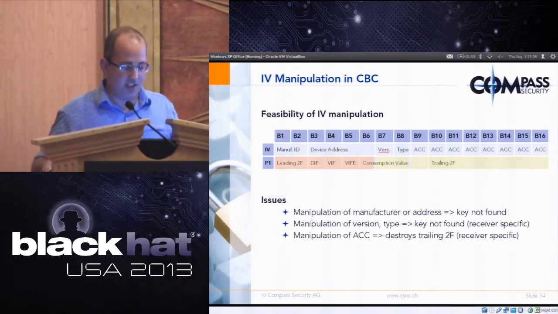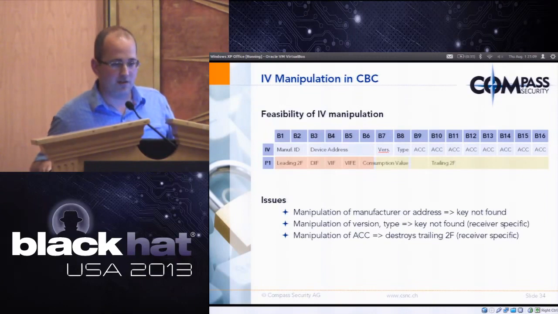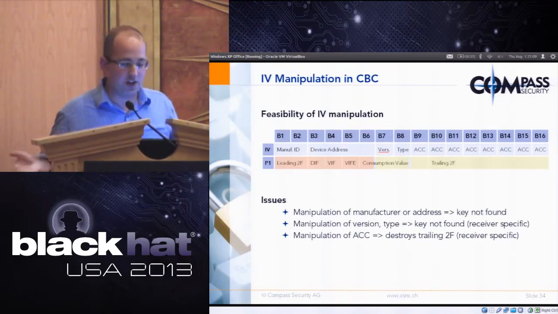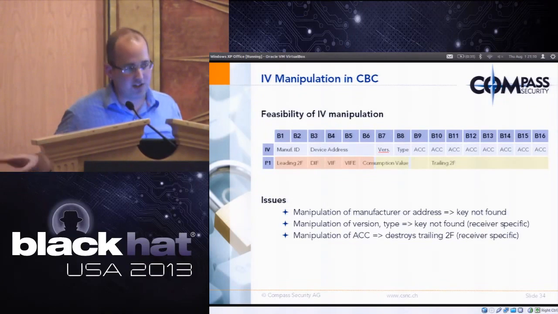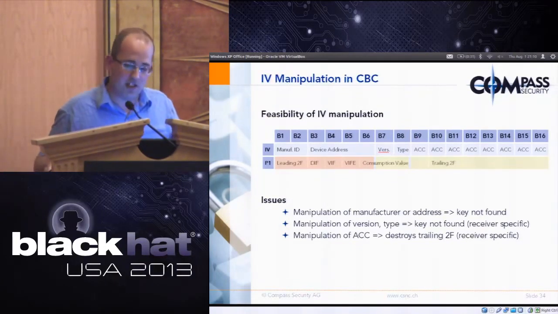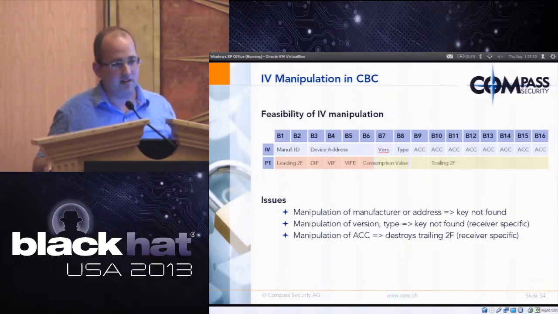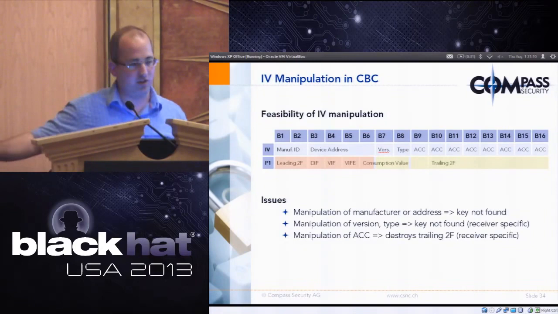And we do have the message number, which we can manipulate, but it actually destroys the trailing 2F. The 2F is the padding of the message. There are actually implementations which take care whether there is 2F at the end, and there are implementations which don't, because the structure of the data does basically tell the program how long the information is, and therefore there's no purpose to have a look at what the remaining information, the 2F, is.